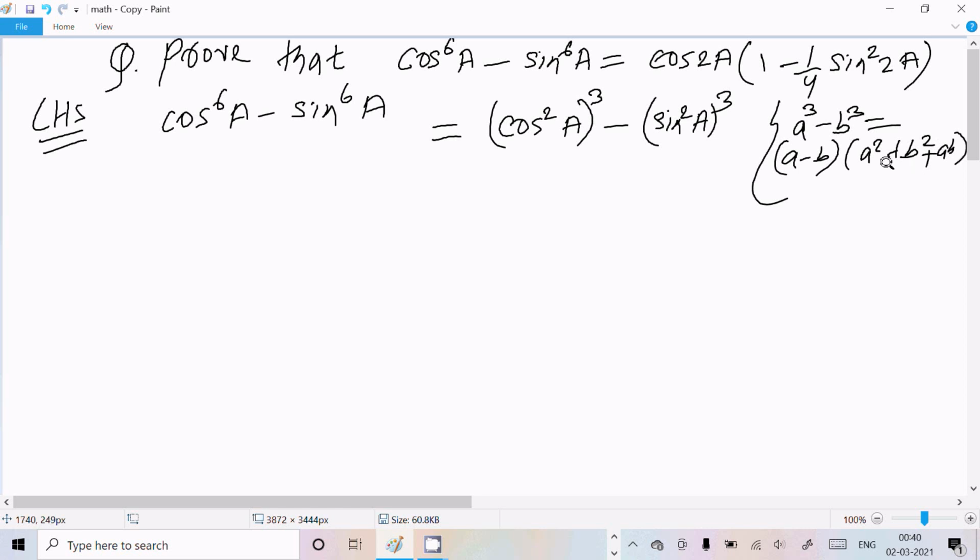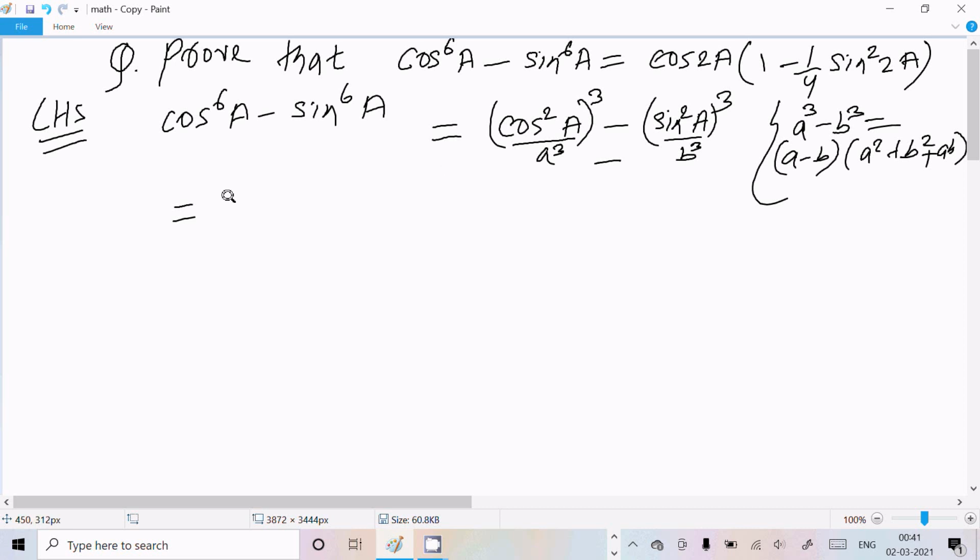So we can break this in the form of a^3 minus b^3, where we assume this one is a and this one is b.